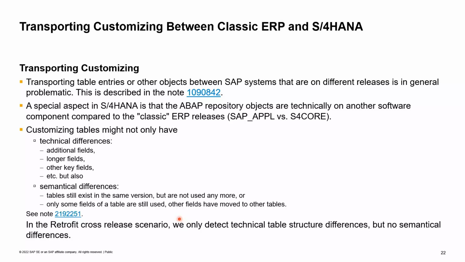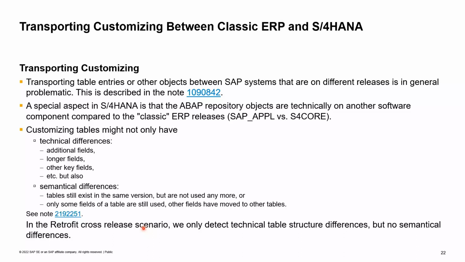Also, the customizing tables can have technical differences and semantical differences. This is a topic which needs to be covered and tackled. That's why we also enhanced the existing cross-release scenario underneath, because based on that we could only detect technical table structure differences, but not semantical differences.